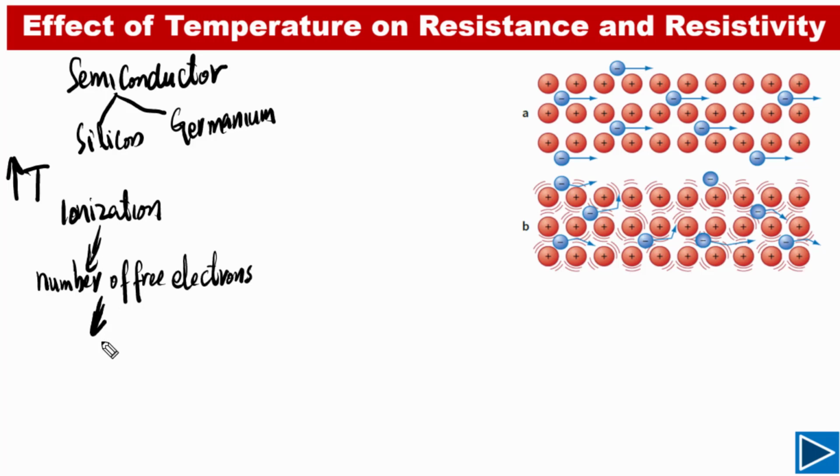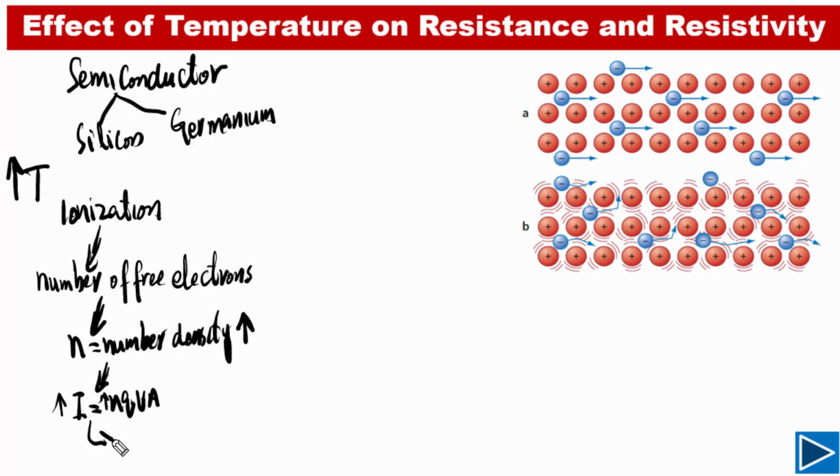When the number of free electrons increases, the number density N increases, meaning the number of free electrons per unit volume increases. If it increases, the current will increase, because I is equal to nqvA. So N increases, which means I also increases.